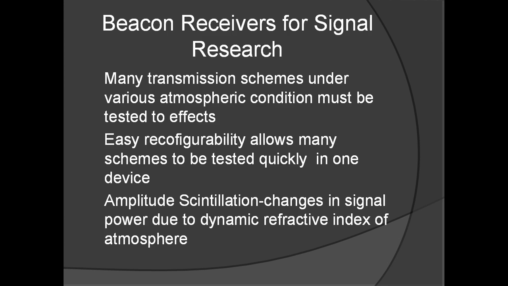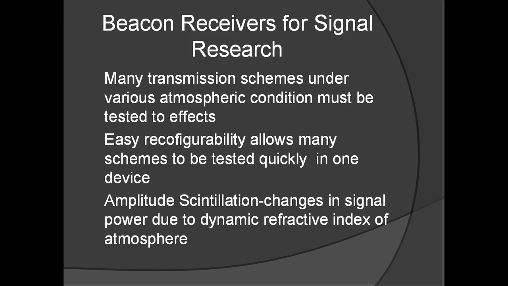Software-defined radio is very helpful in this, in that it allows many different transmission schemes under various atmospheric conditions to be tested very rapidly. It can be tested under one scheme, reprogrammed within seconds or a fraction of a second, and tried again, greatly speeding up the data collection and decreasing the cost as well.